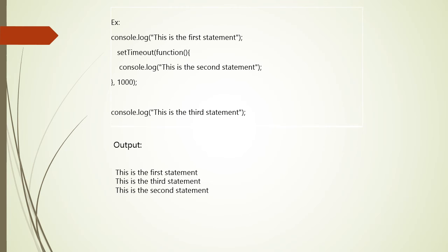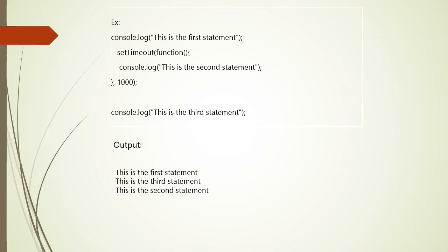When the timer set by the timeout function, in this case 1000 milliseconds, runs out, the callback is sent to the event queue. The event loop, on finding the call stack empty, takes the task at the top of the event queue and sends it to the call stack. The callback function for setTimeout runs the instruction and "this is the second statement" is logged on the console and the task is popped from the stack.